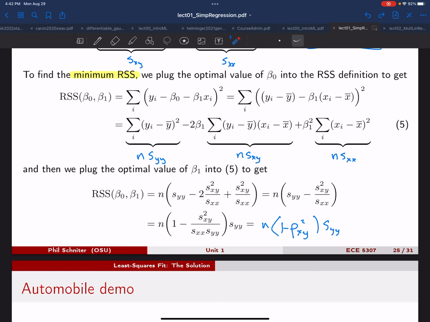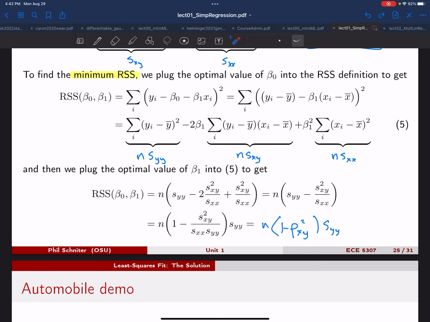But that's not all. There's also this quantity, SYY. It says that the more variation there is in your targets, the higher your RSS is. And the variation in the targets really has nothing to do with the relationship between X and Y. It's just how much variation there is in your targets. So that also makes RSS a little bit hard to interpret.